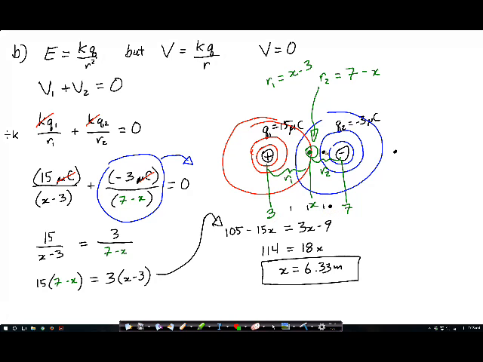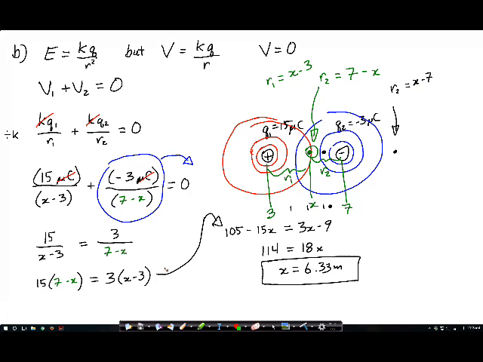So that would be actually in here somewhere. So it's closer to the weaker charge. And there might be a point over here to the right of Q3 where, in this case, R2 is equal to x minus 7. Remember, that was what I had at first. It might work out there as well.